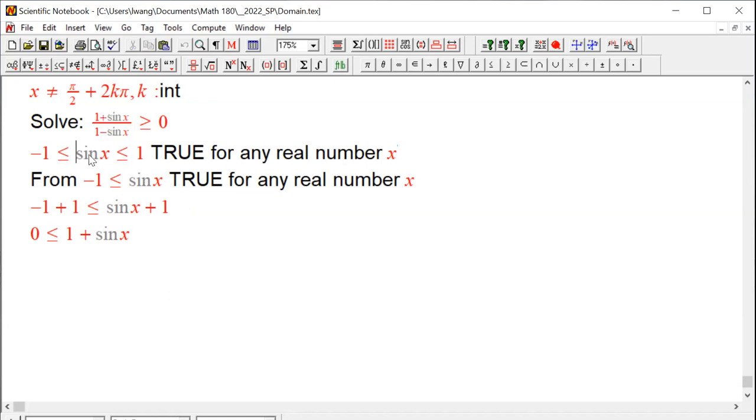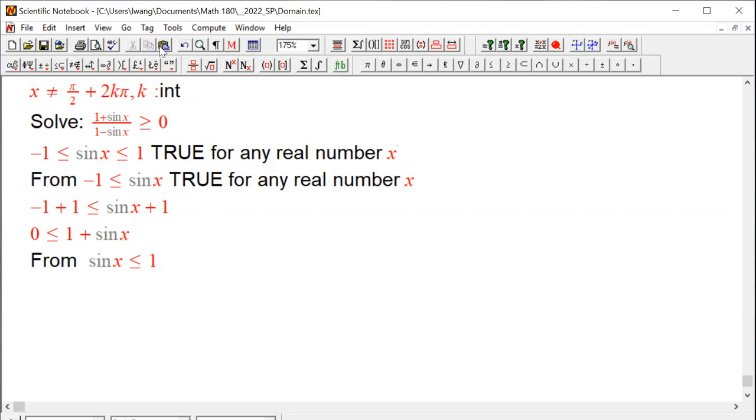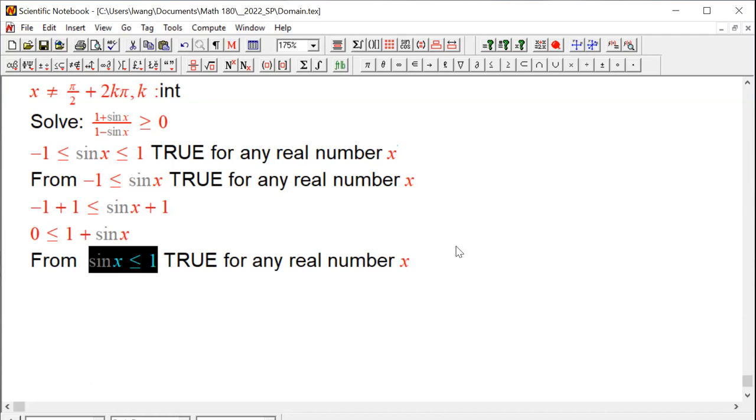Okay, let's look at the other half, which is true for all real numbers. From this half, what would you like to do? You would subtract sine x on both sides, because you want to get something like this.